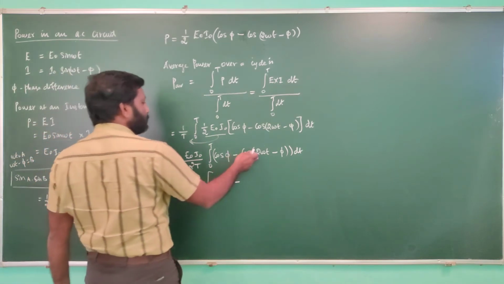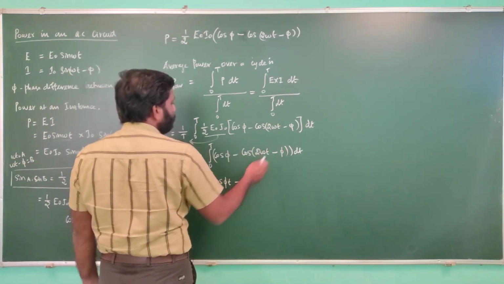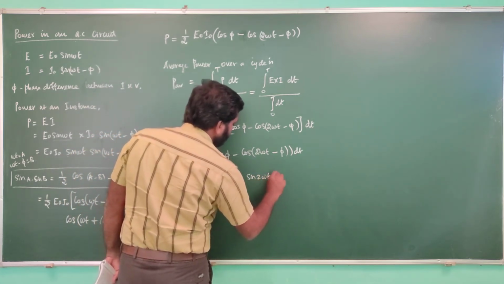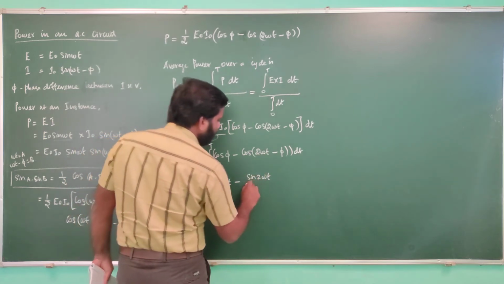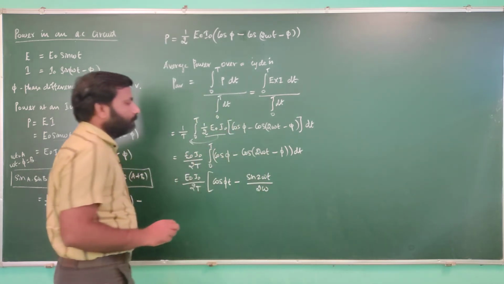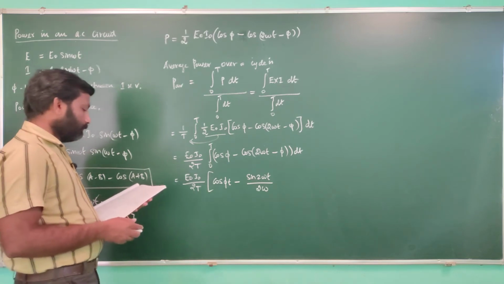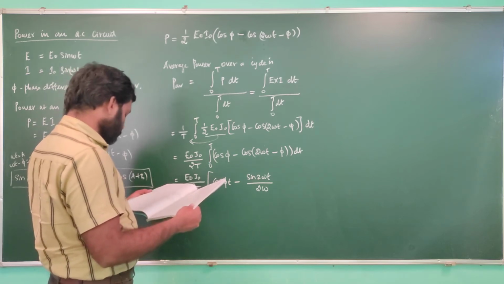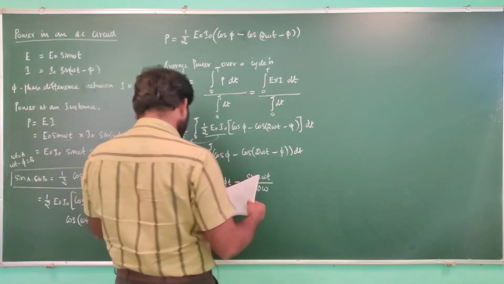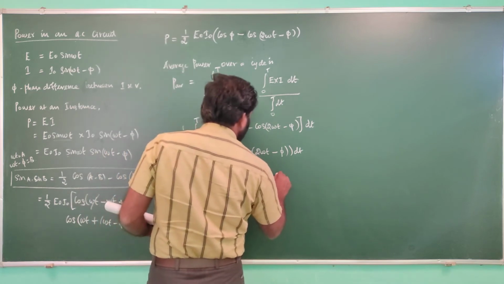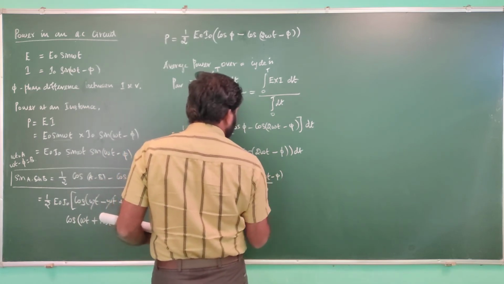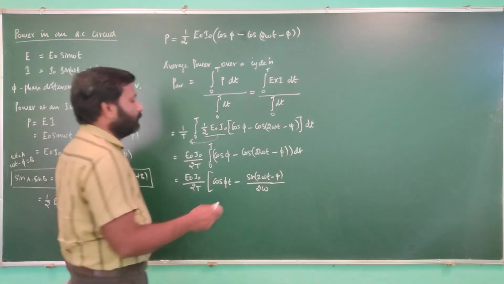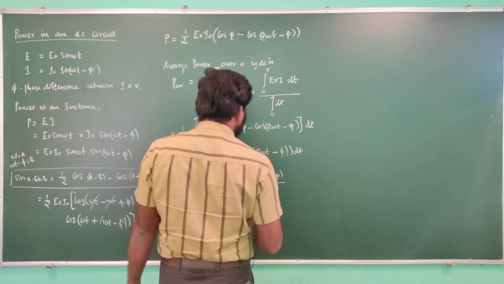So the integration of cos (2 omega t minus phi) becomes sin (2 omega t minus phi), and the integration of the 2 omega t term gives 1 by 2 omega, and the phi term is a constant.